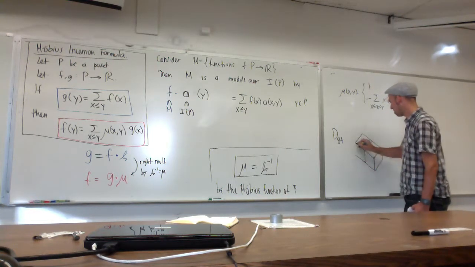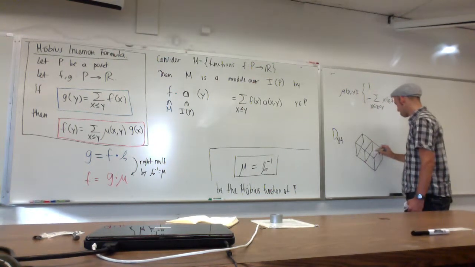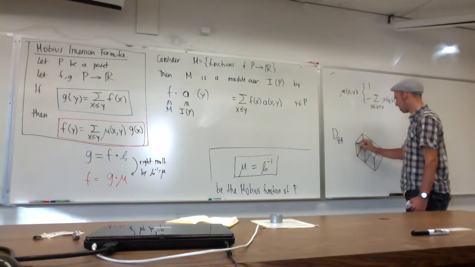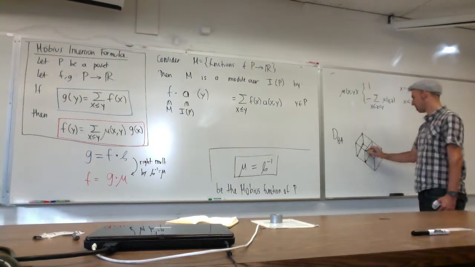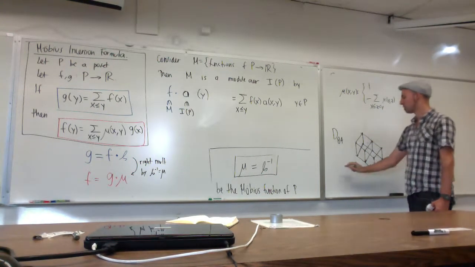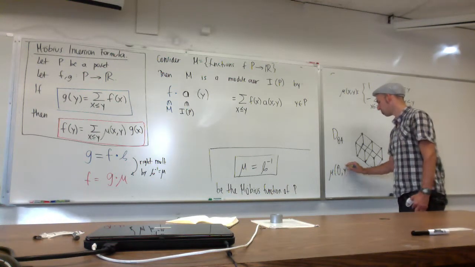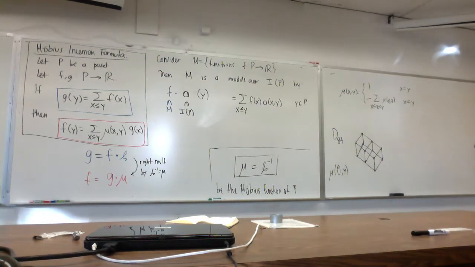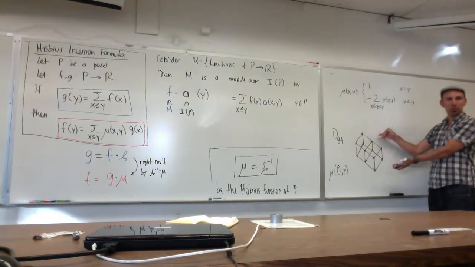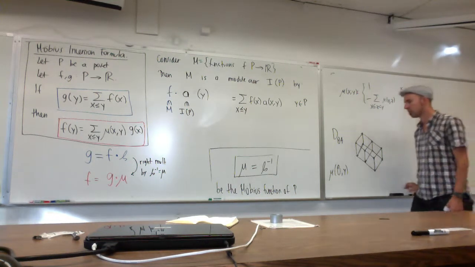We did this example, and we got this poset. So let me at least show you how to compute mu of bottom element, comma, 1. So we're not going to compute mu of x, y for every interval. We're only going to compute mu from the bottom to each y.